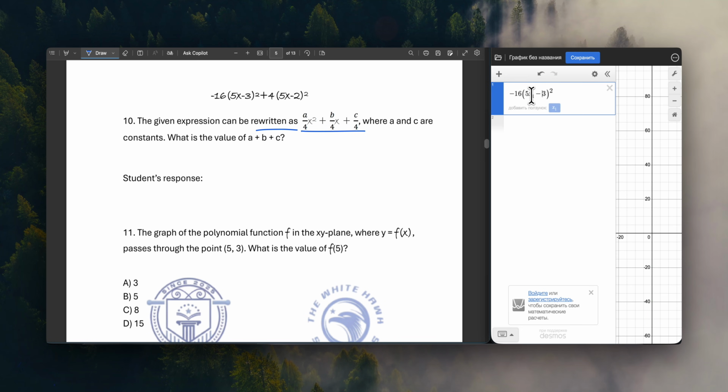Here again, let's use the equivalent forms: 4 times 5x minus 2 to the power of 2, and again next one here. So it's equal to a divided by 4 x squared plus b divided by 4 x plus c divided by 4.